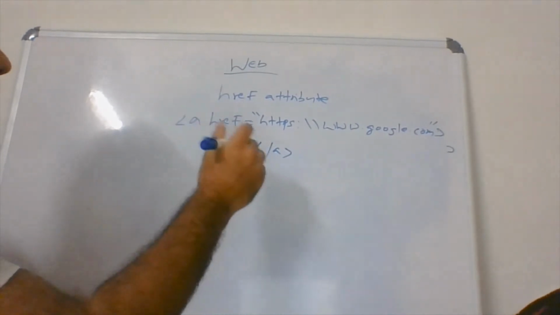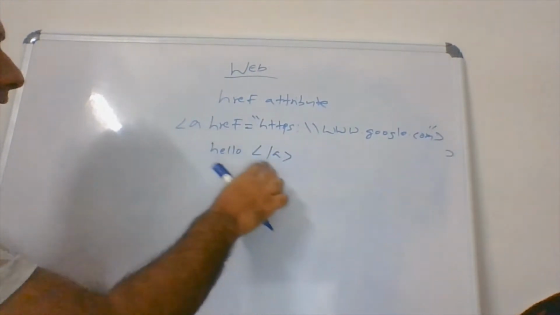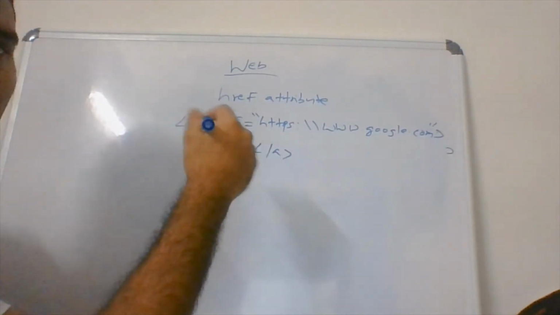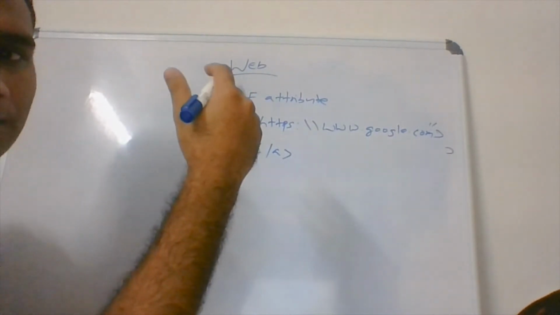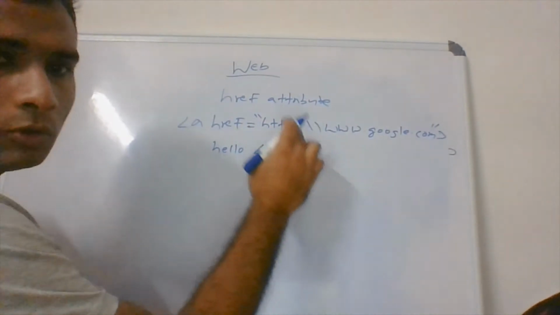So a href equal to https google.com. Hello, this is the starting tag and this is the ending tag. The href attribute specifies the URL of the page the link goes to. So it will go to this link www.google.com.